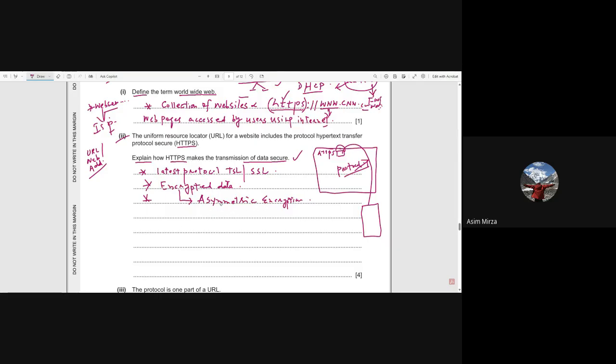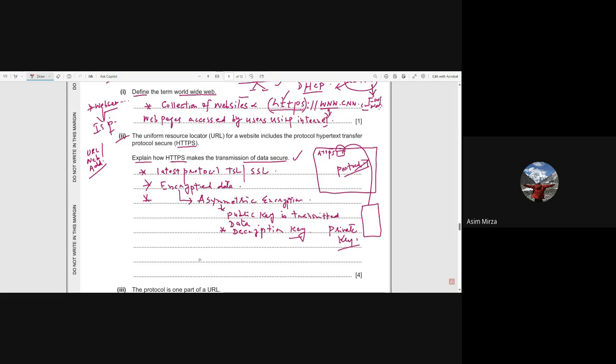A public key is transmitted along with the data, which can be decrypted by the private key. The decryption key is used at the receiver end, by the destination computer using the private key. Is that clear?